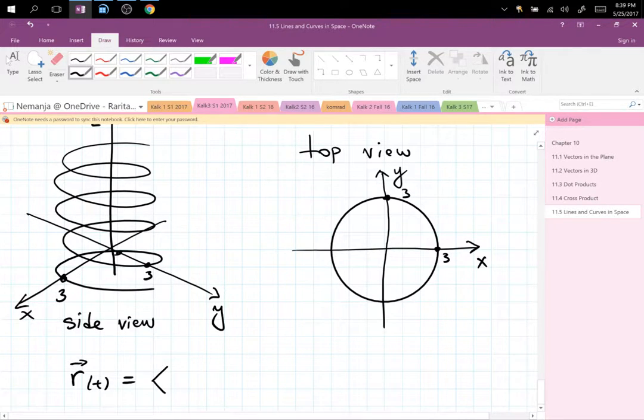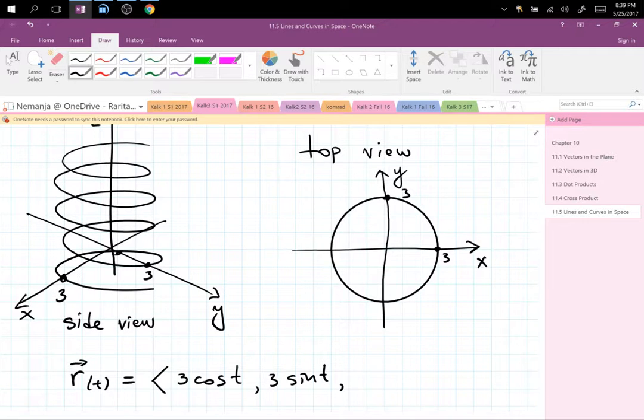If these are 3's, I would write 3 cosine t, 3 sine t, and that covers the x and y dimensions, which is the base, because that's all I see from the top view. I see the circle.